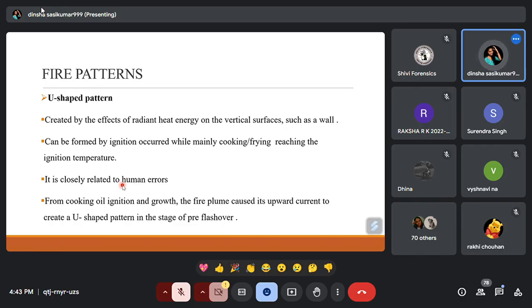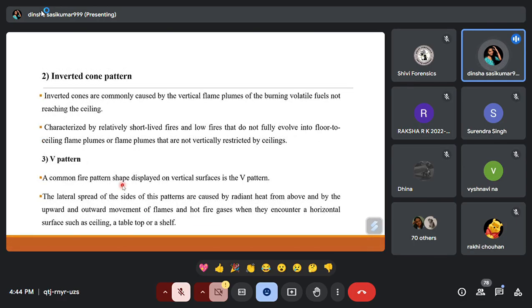So there's a chance for the occurrence of these kinds of patterns in the pre-flashover stage. It is mainly formed by ignition occurring while cooking or frying, reaching the ignition temperature, and it will give us valuable clues regarding the processes that have occurred in the pre-flashover stage. The next one is the inverted cone pattern.